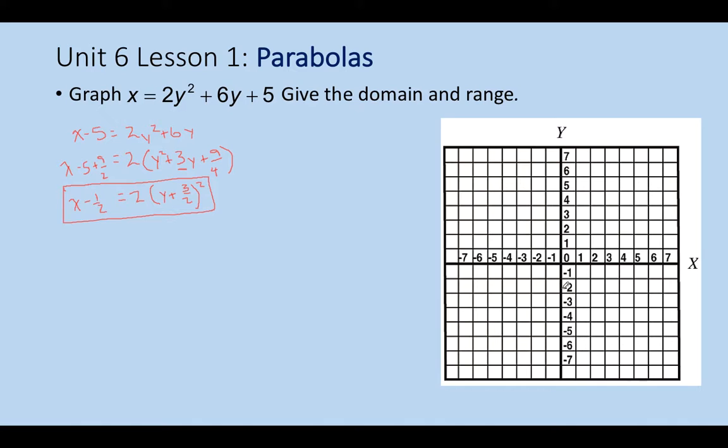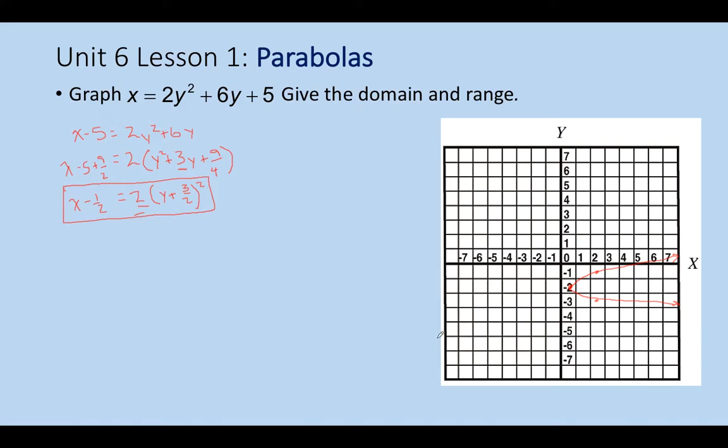So down 1.5 to the right 1/2. There's my vertex, and this time I have an a value of 2. And so if I go over 1, I'm going to go up 1, 2. If I went over 2, I'd go up 8. That should be over there. And so ultimately this is about what it looks like.